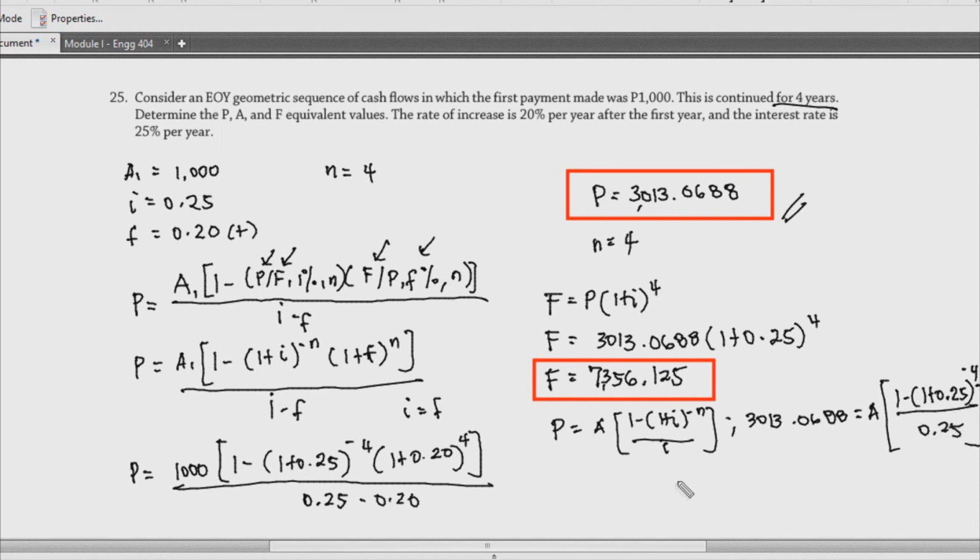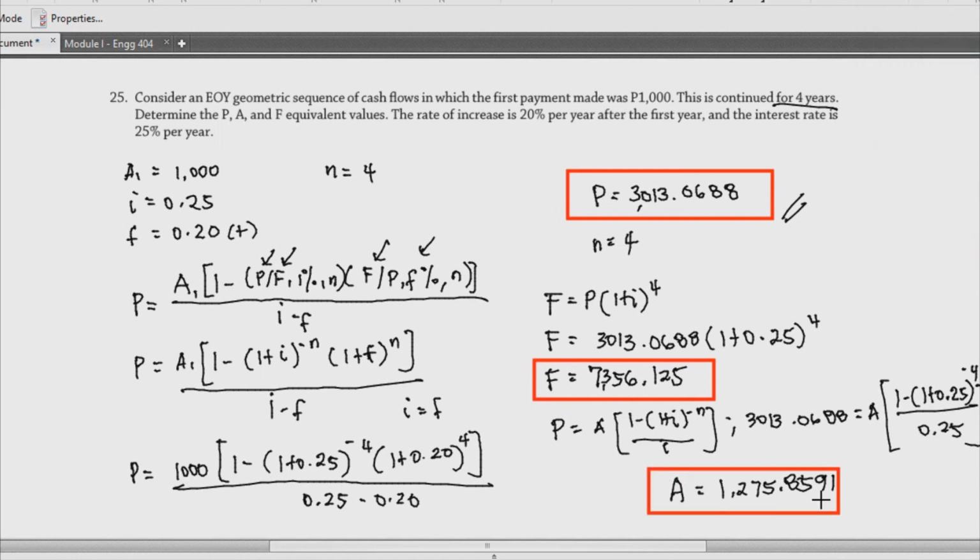Okay, so with this, the value of your A is equal to 1225.8591.